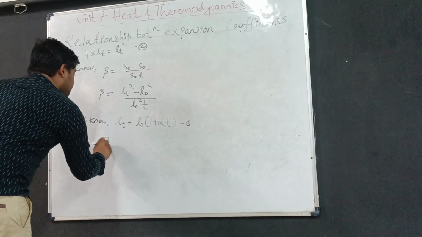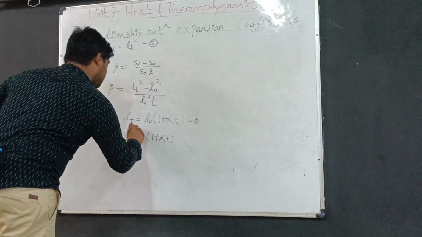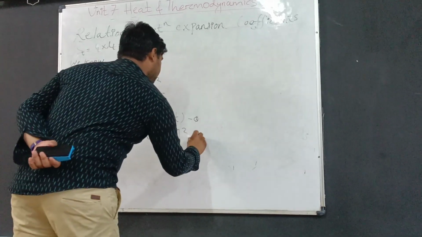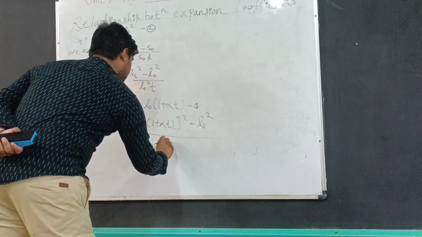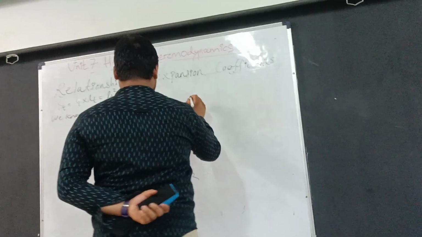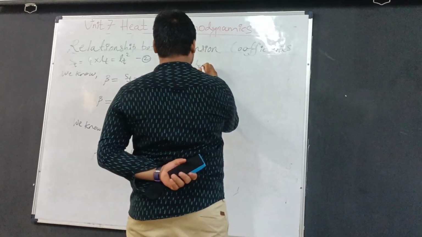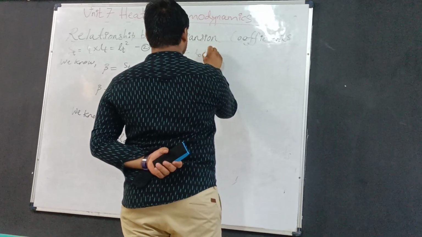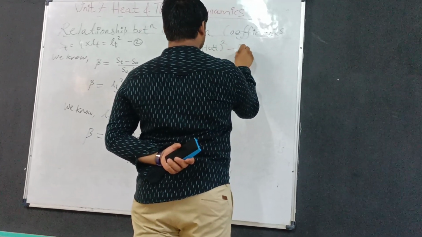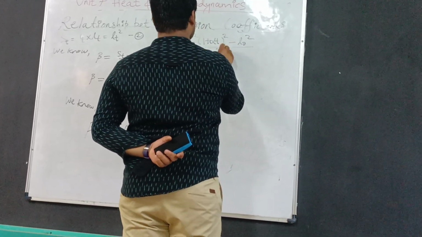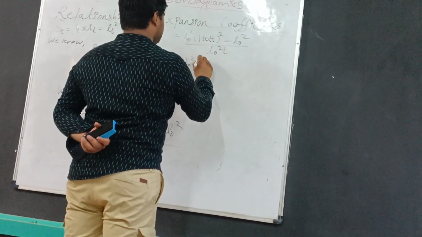So beta will be L0 square into 1 plus alpha whole square minus L0 square divided by L0 square T. Now we can take common L0 square from the numerator.